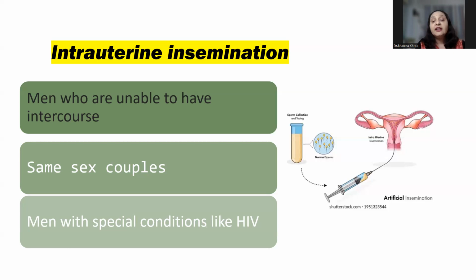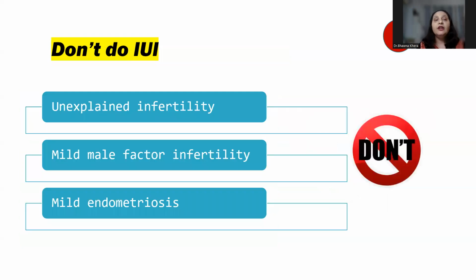So then in that case, you need the sperm washing. So intrauterine insemination is never an answer when your semen analysis is not good. It is an answer when men are not able to have intercourse, same-sex couples, and men with special conditions like HIV. So don't tick mark this answer in your exam.